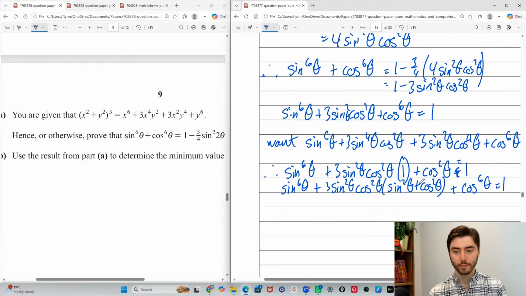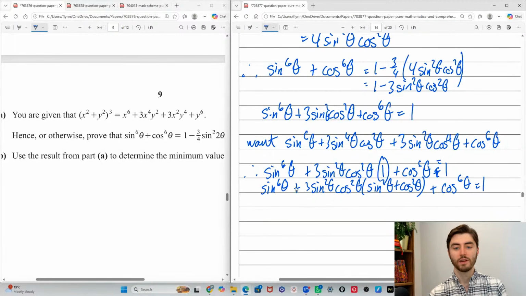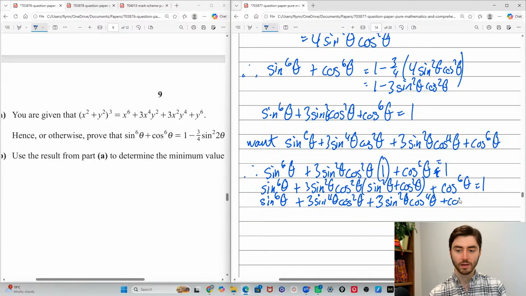Now, if I multiply that out, I get sine 6 theta plus 3 sine 4 theta cos squared theta plus 3 sine squared theta cos 4 theta plus cos 6 theta equals 1 as required.